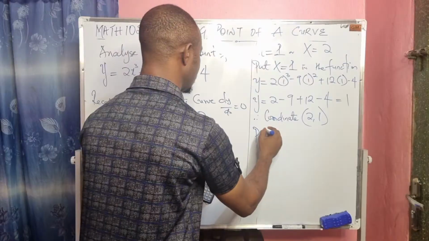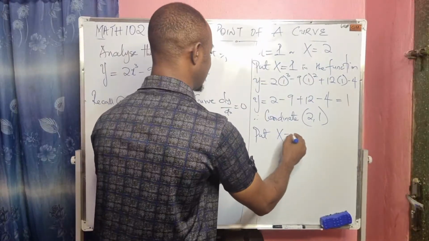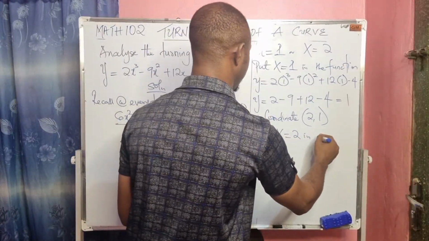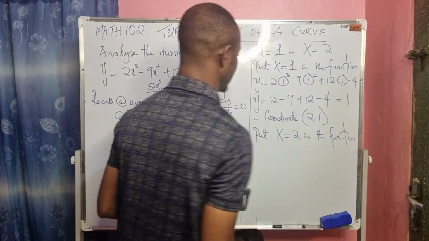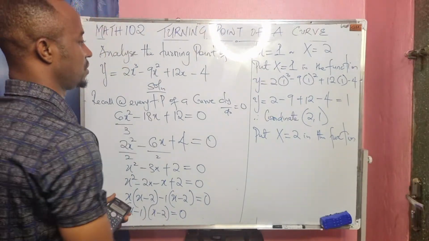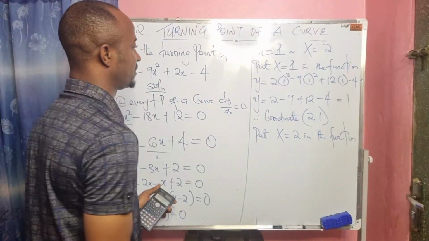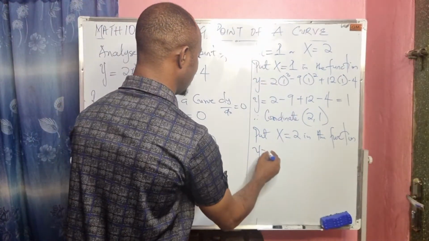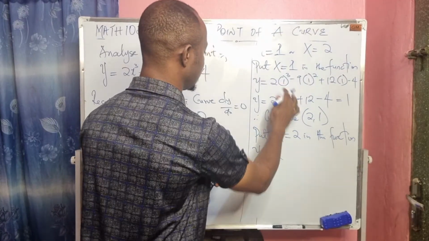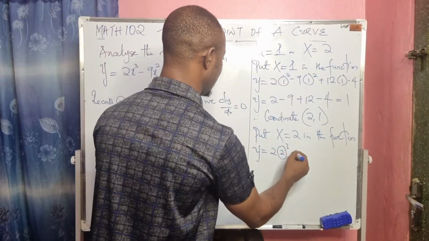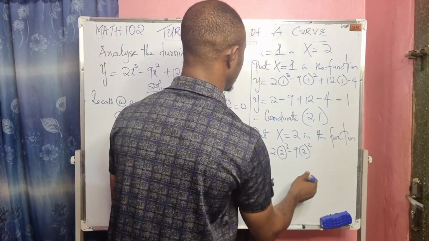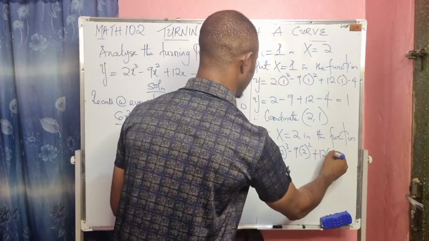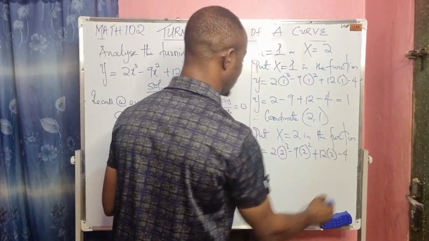Also, we have to put x, right, as 2 in the function to find the second coordinate. Let's put our x as 2. When we put x as 2, that will give us what here? y equals 2 times 2 to the power of 3 minus 9 times 2 to the power of 2 plus 12 times 2 minus 4.